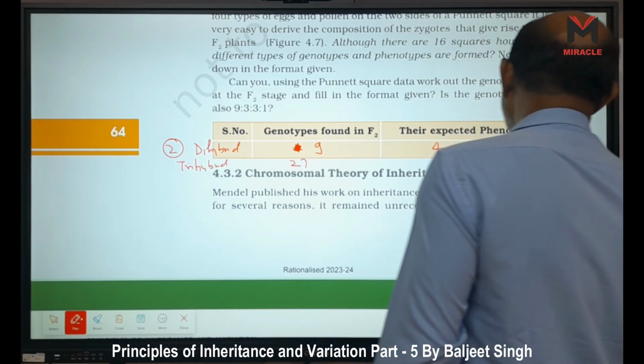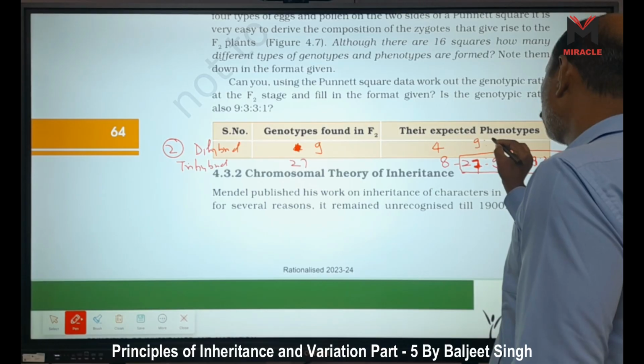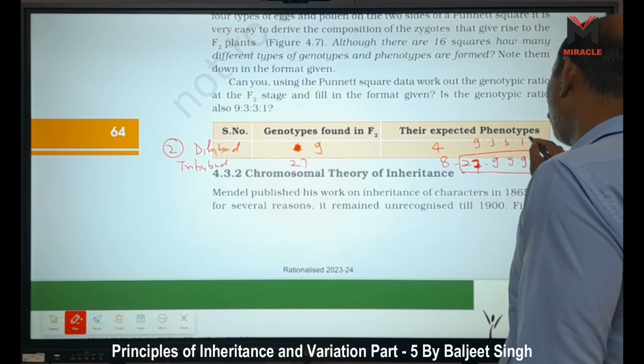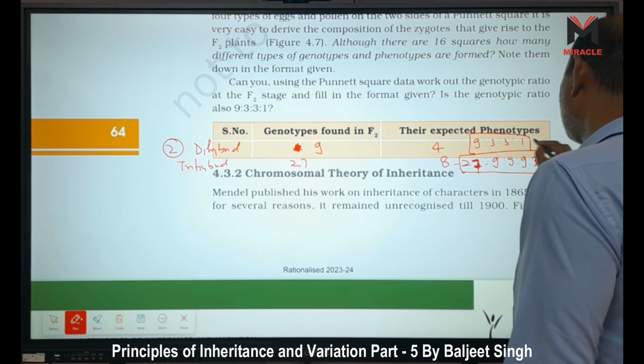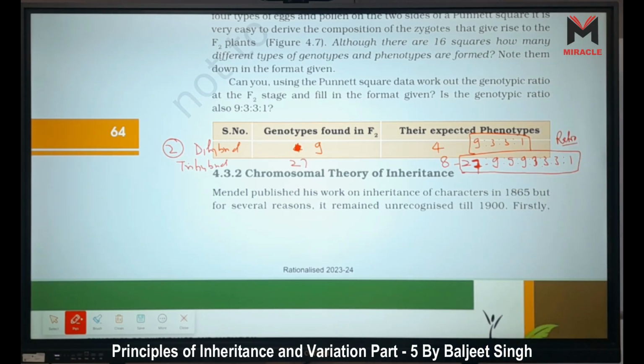That is the phenotypic ratio in case of a trihybrid cross. In a dihybrid cross, we know it is 9:3:3:1. That is the ratio, right?